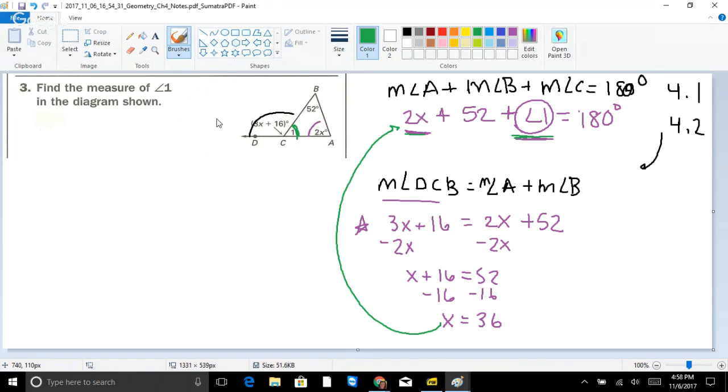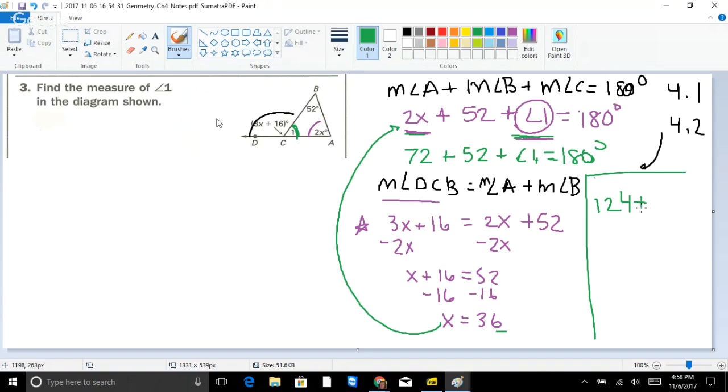So instead of writing 2x, I'm going to do 2 times 36, which is 72, plus 52 plus angle 1 equals 180 degrees. 72 plus 52 is 124, plus angle 1 equals 180. And if we subtract, we get 56 degrees.